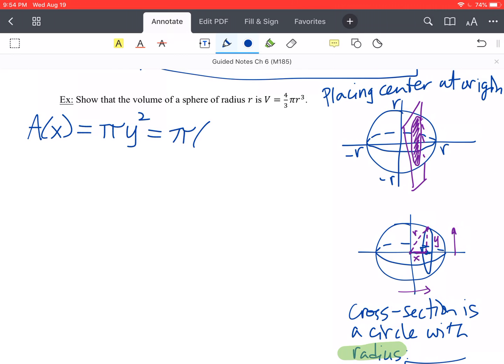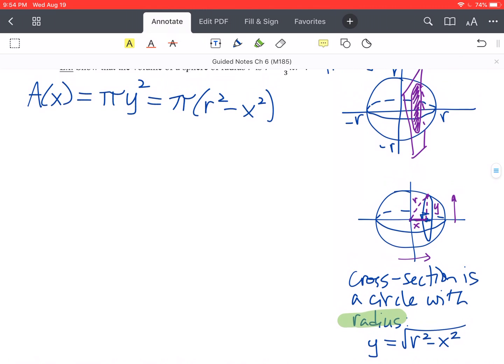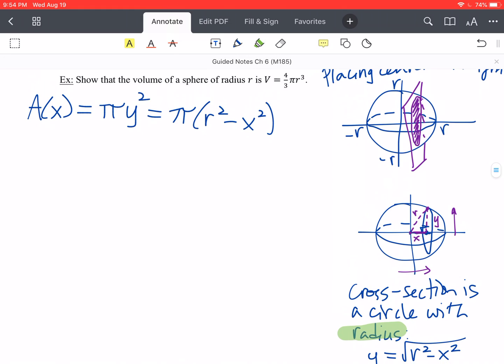So square that, and the square and the square root undo each other, because it was the square root and then we squared it. Alright, so that's our formula for A of x. That's the area of one cross section of this sphere.